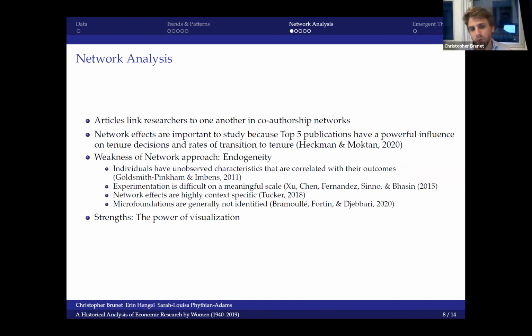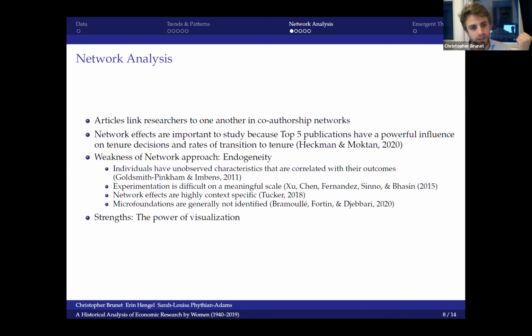Now that we've explored the data a little bit, we're going to jump into network analysis, which is the cool, interesting part of our paper. So we have our data where we turn the authors into nodes, and we turn the co-authorship connections into edges.